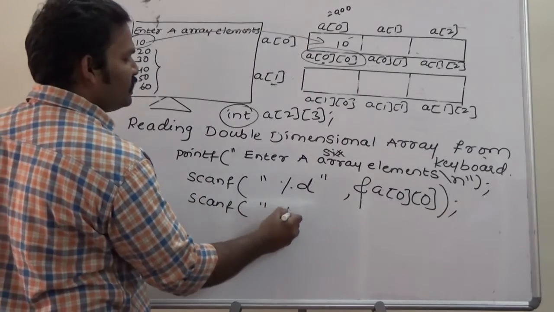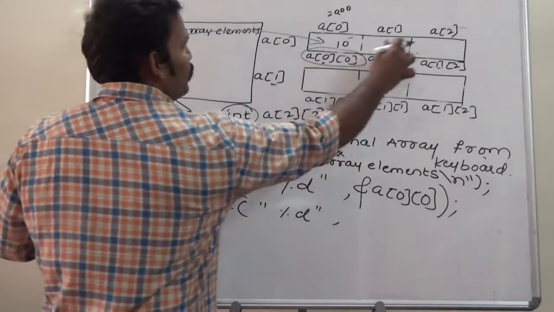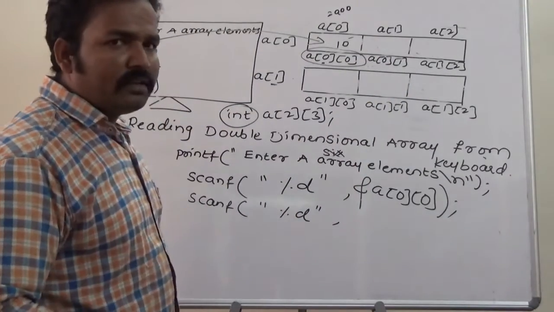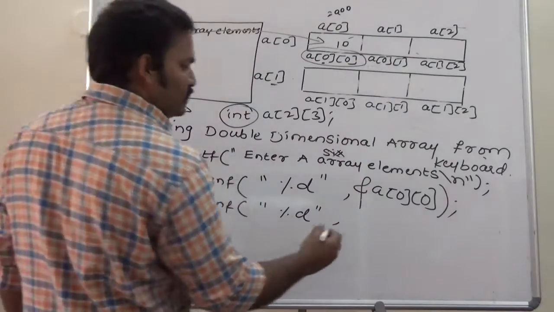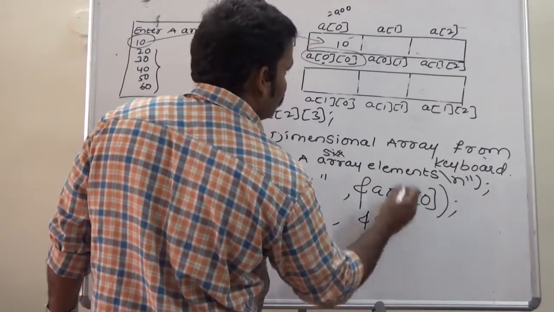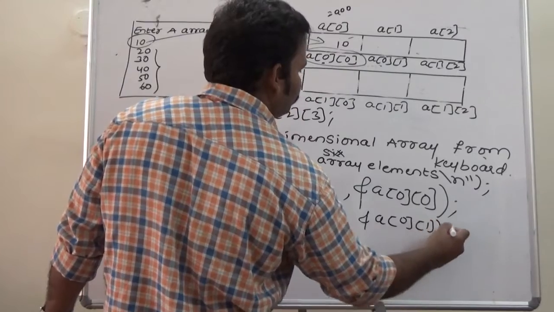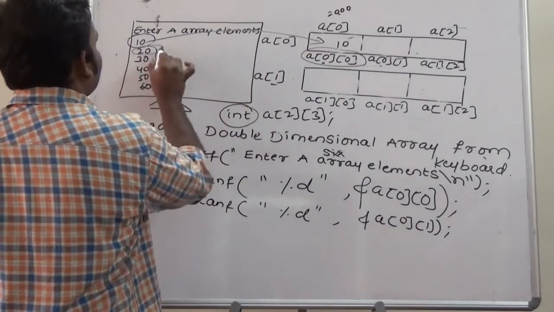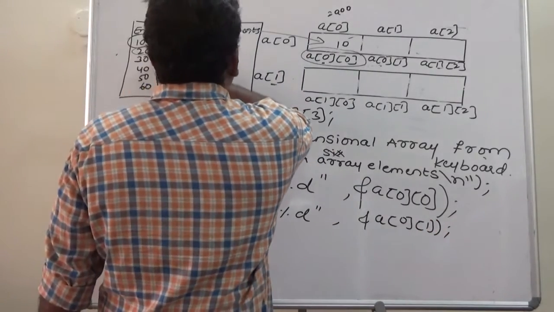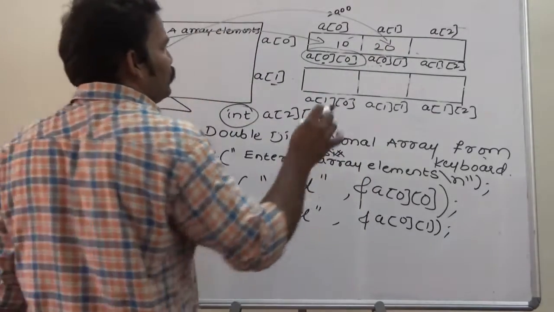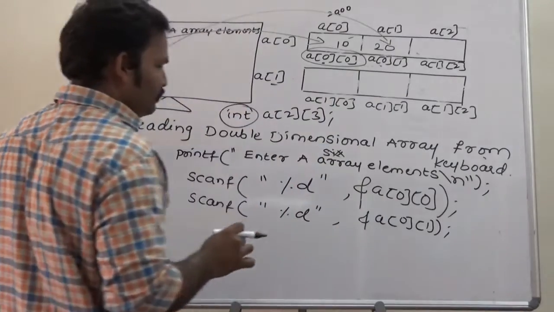Now I want to read 6 elements location by location. For that I am writing 6 scanf functions. What is the next location? A[0][1]. It reads the second element and that element will be assigned to the second location.